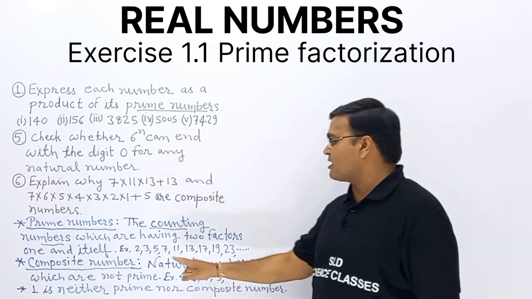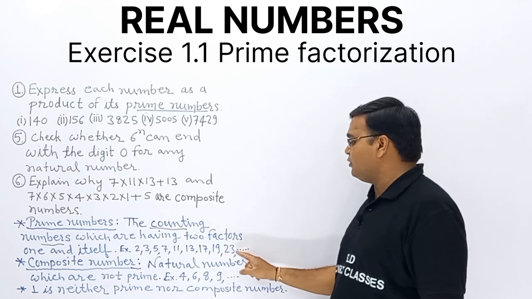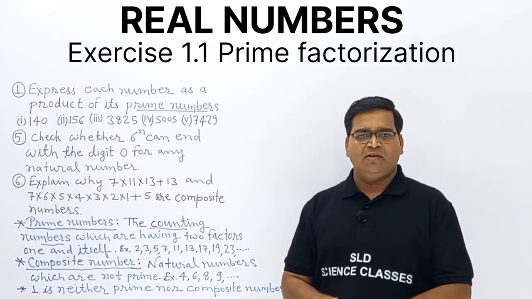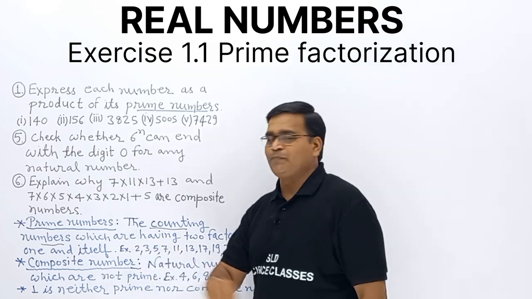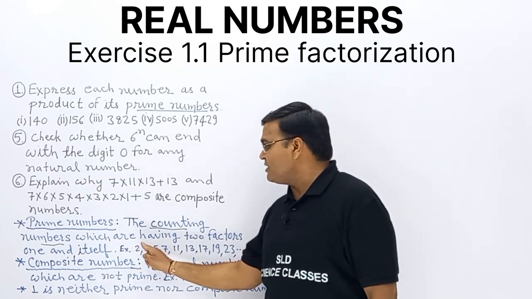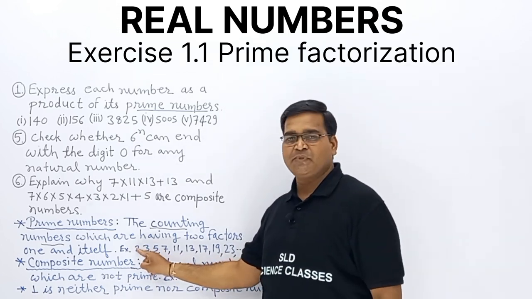Examples of prime numbers are 2, 3, 5, 7, 11, 13, 17, 19 and 23 and so on. The smallest prime number is 2.